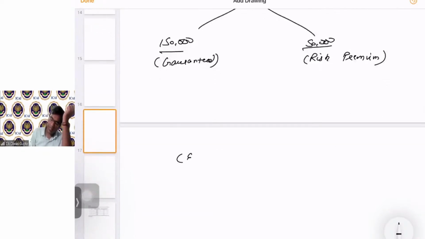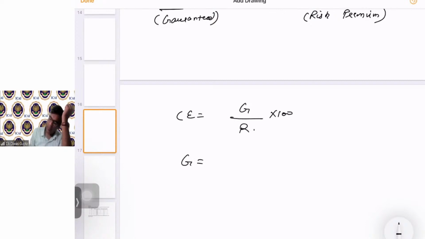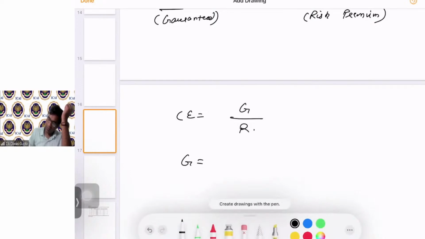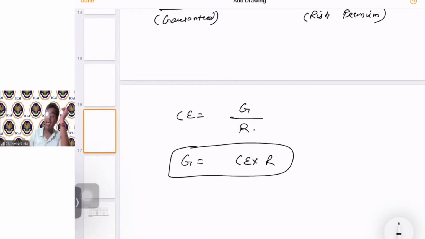So certainty equivalent coefficient will be guaranteed divided by risky amount multiplied by 100. If we have to calculate the guaranteed amount, I'm just removing 100 from here because that is just a percentage or decimal, whichever way you decide. So guarantee is equal to certainty equivalent multiplied by this. If you have to arrive at the guaranteed amount, you can multiply the certainty equivalent coefficient into the risky cash flows to arrive at the guaranteed amount.